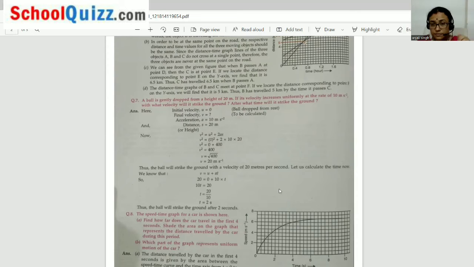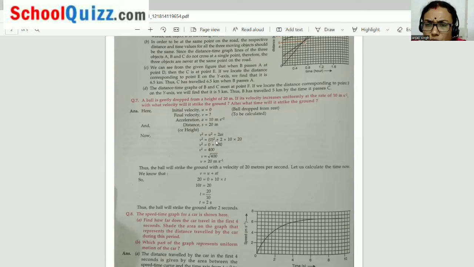So let's start. From the third equation of motion, v square is equal to u square plus 2as. Clear? And we have the value of u as 0. So v square is equal to 0 plus 2 into 10 into 20.